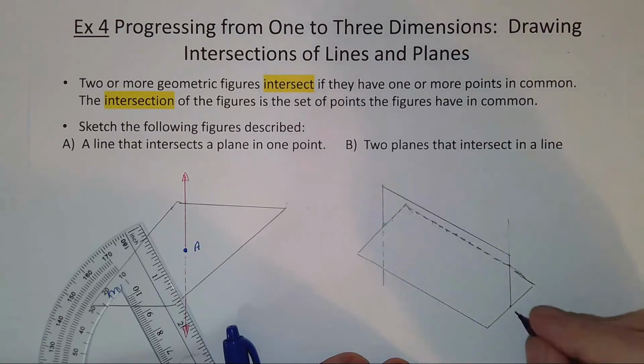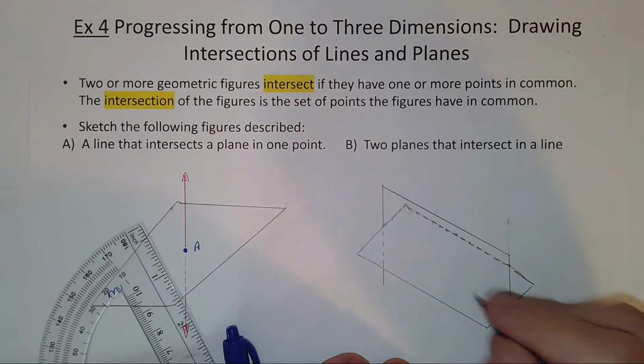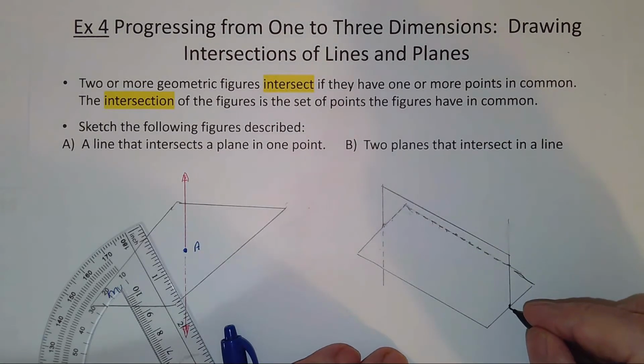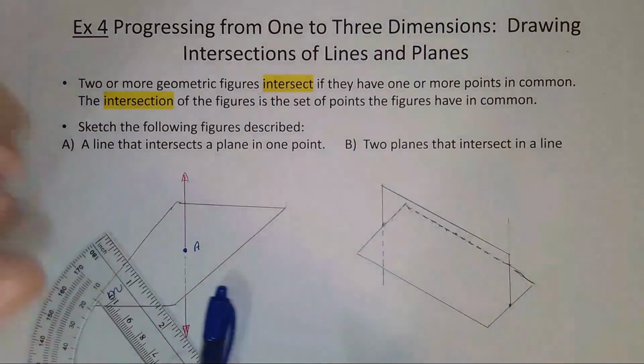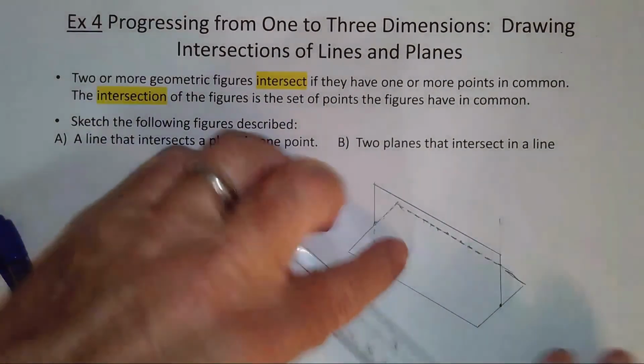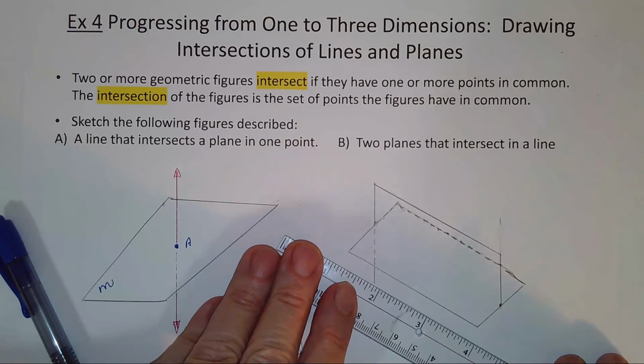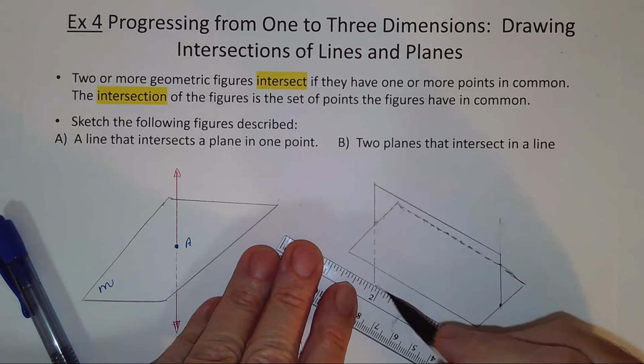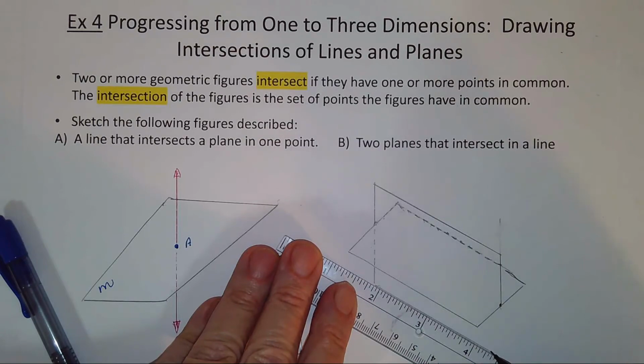So where they touch on the edge of each of these two planes is going to be a point where they intersect.